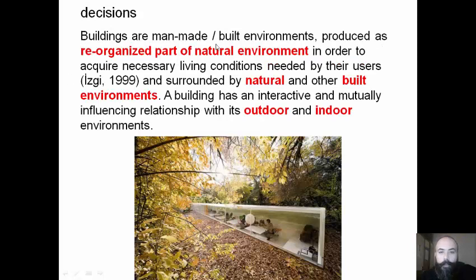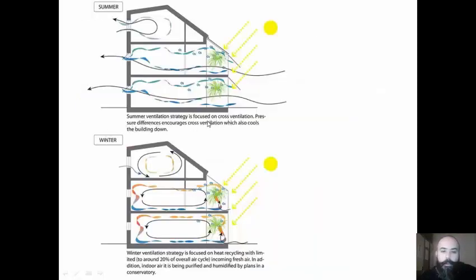Buildings are man-made, built environments. They are produced as a reorganized part of the natural environment in order to acquire necessary living conditions needed by their users, and they are surrounded by natural and maybe other built environments. A building has an interactive and mutually influencing relationship between its indoor spaces and outdoor spaces all the time.